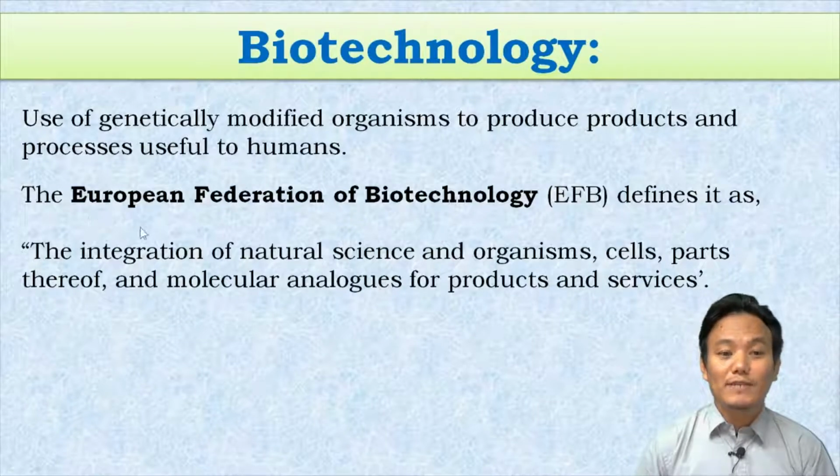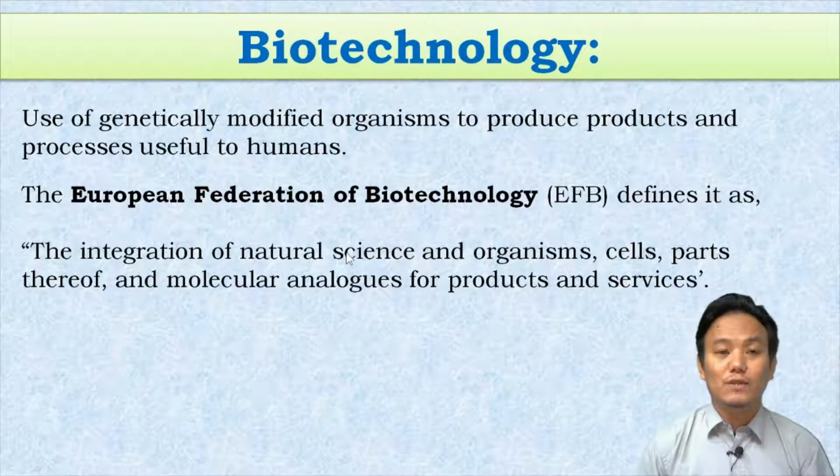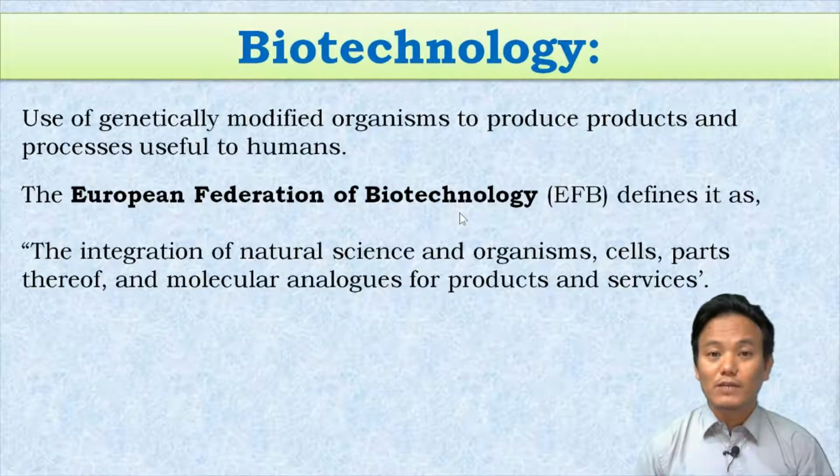So that is the definition given by European Federation of Biotechnology. So for your examination purpose, you should remember both these definitions. Right, definition of biotechnology in a conventional sense and the definition given by European Federation of Biotechnology.